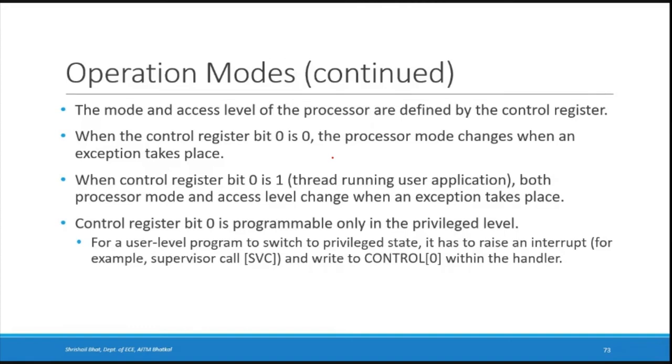The access level will remain the same. If it is privileged level, it will remain privileged level. If it is user level, it will remain user level, because the thread mode is there in both privileged level as well as user level.